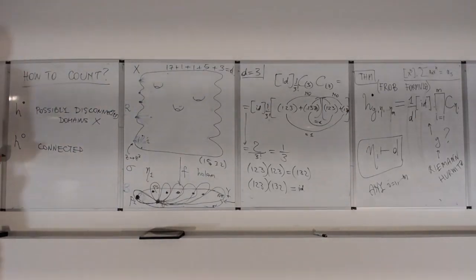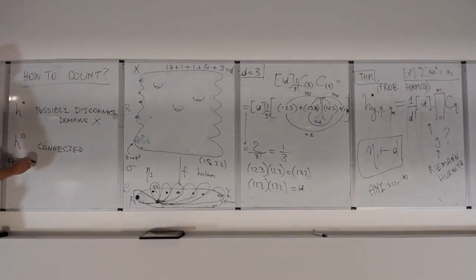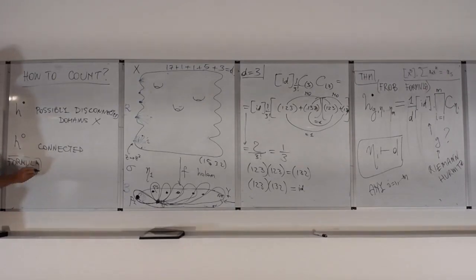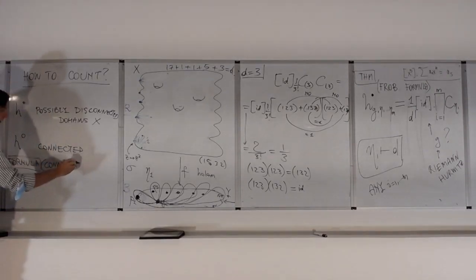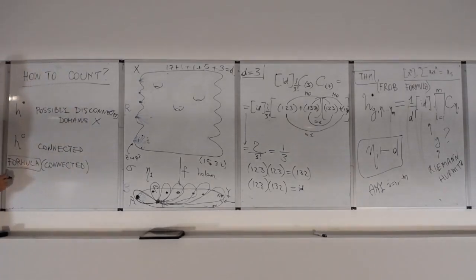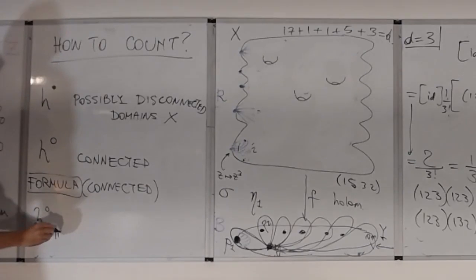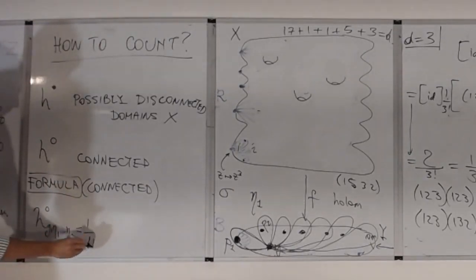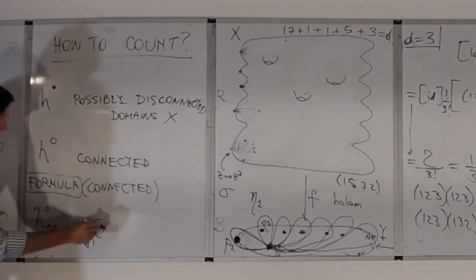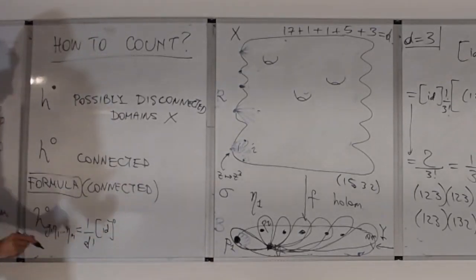And the theorem, say the formula for the connected ones, is the following. H connected, g, eta 1 through eta m, is equal to the same thing, identity, but I put a bullet circle here. I need to explain what it is.